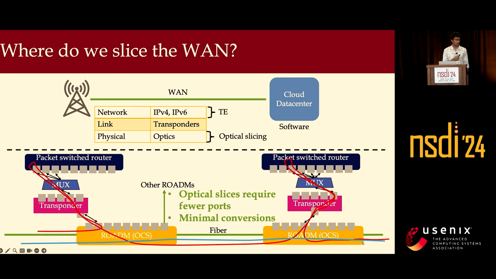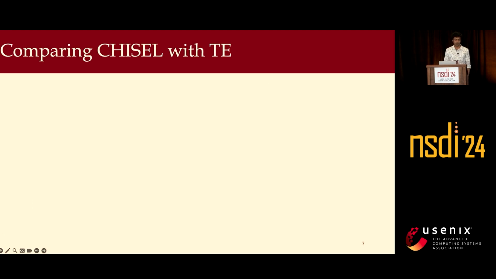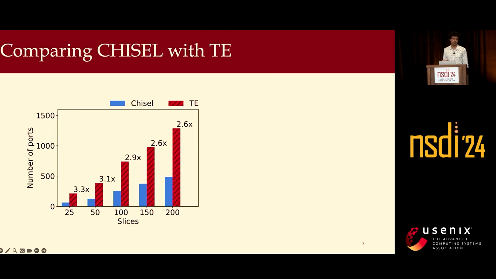So as a result, using optical slices, you will use fewer ports, and you'll also incur minimal conversions except at the source and the destination. This leads to direct cost savings. To quantify this, we ran an experiment where on the x-axis I'm showing different numbers of slices, and on the y-axis I'm showing how many router ports were used if you were to use CHISEL and optical slicing or traffic engineering.